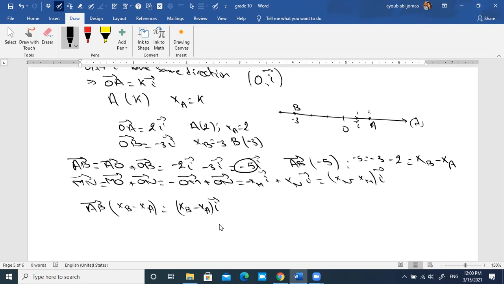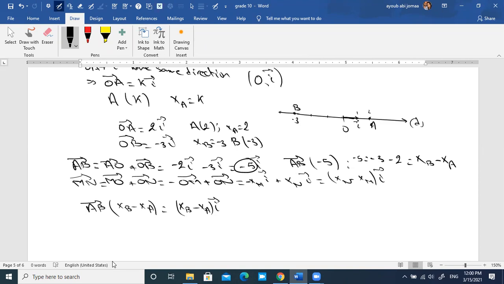The sense is opposite, so negative 5I. Here is vector I, and AB has 5 times the magnitude of I. So AB is equal to negative 5I, as you can see here on the number line. Is that clear? Yes, Ustaz.